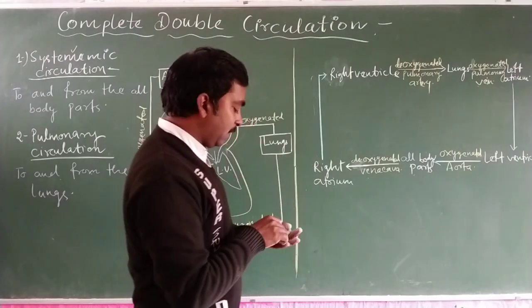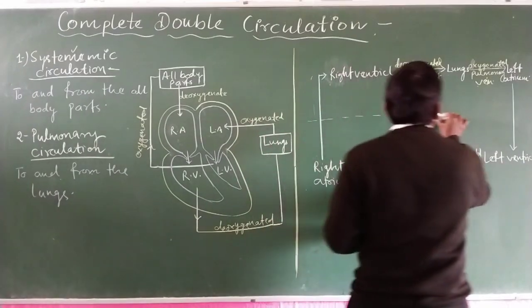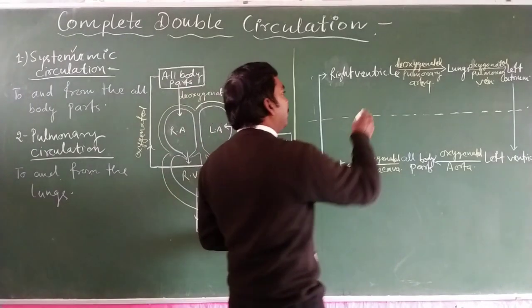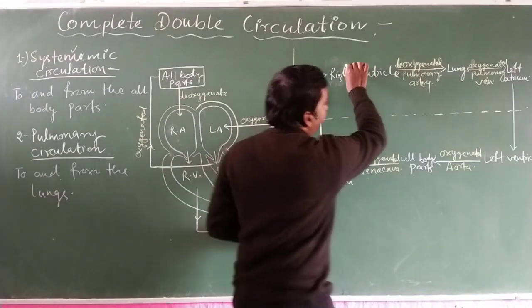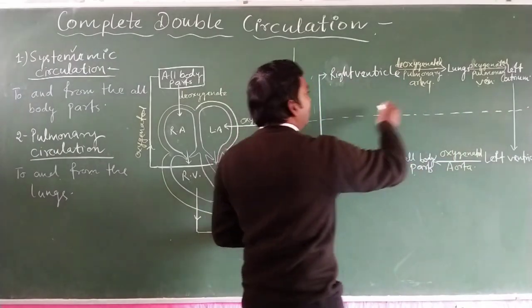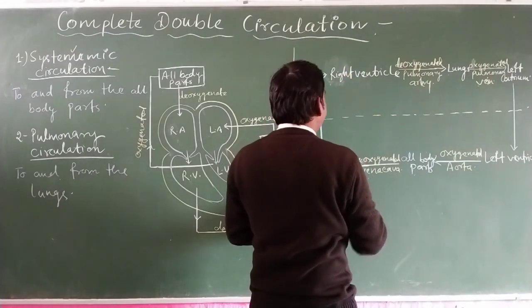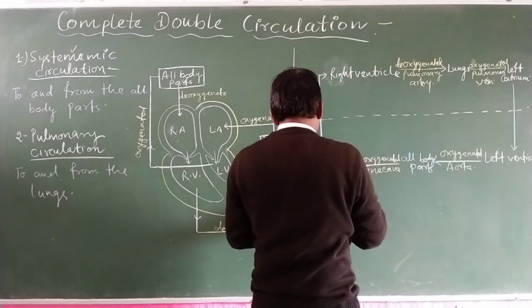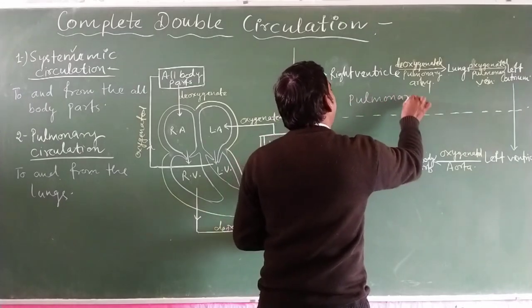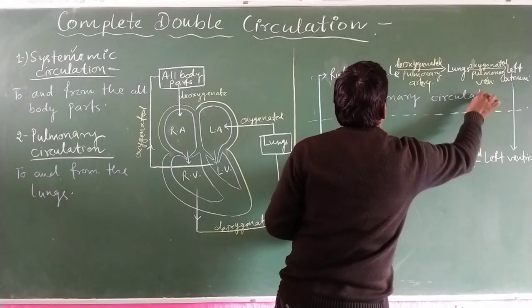And this circulation can be divided into two parts. The first, from the right ventricle to the lungs and back to the left atrium, is called the pulmonary circulation.